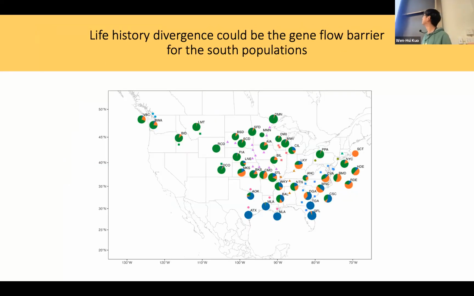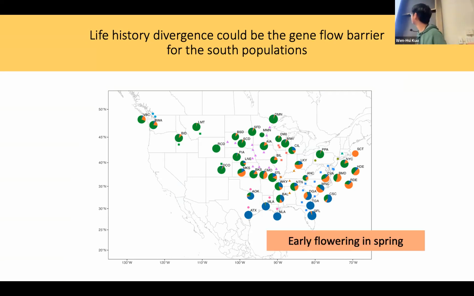So from the result, we have some new hypotheses. The new hypothesis is that life history divergence, rather than cyanogenesis polymorphism, could be a more important factor under the local selection in white clover. So this is my hypothesis.